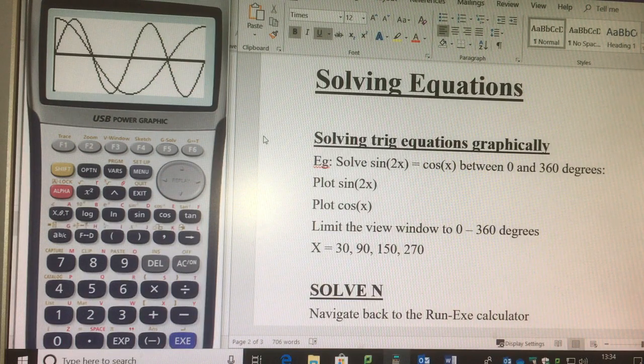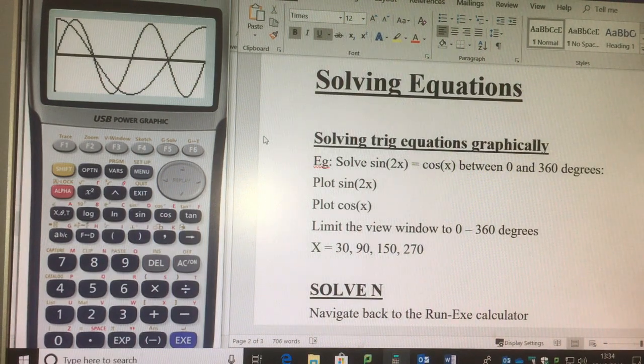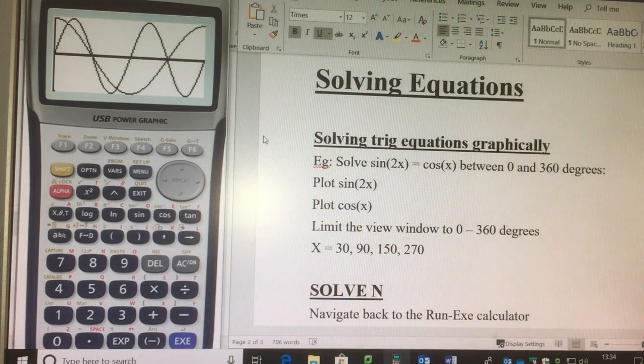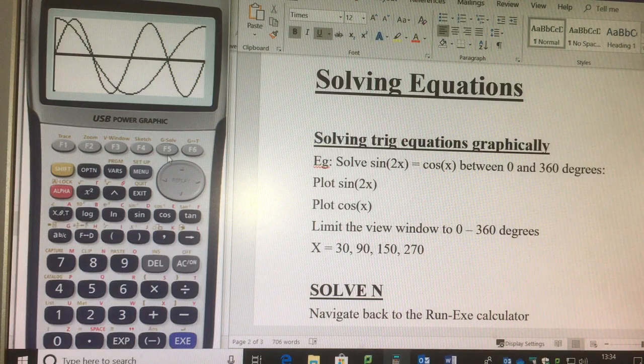Okay, once you've got it plotted correctly, do you want to try and solve it to find where those two things meet each other? So if you go G-solve intersection, you can find where they meet. So G-solve intersect, and it'll find you the values of all these points in degrees.